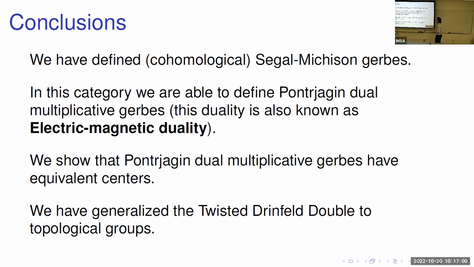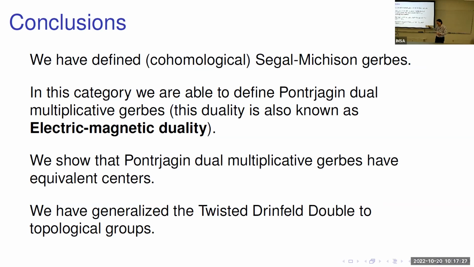So, of course, this is what is called by the physicists electric-magnetic duality, because you just dualize and then you exchange the magnetic charge with the electric charge from one to the other. And what we've accomplished is that we know that they have equivalent centers, but in this categorical setup.